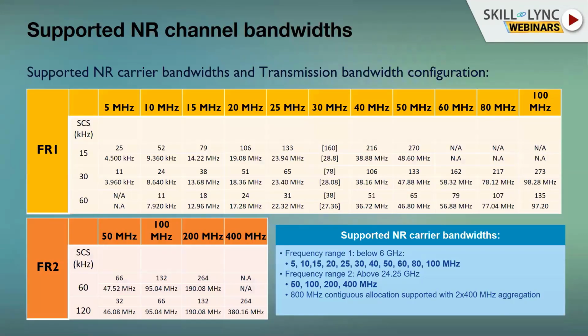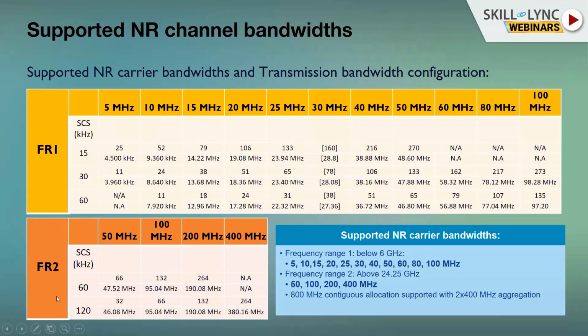We have here the supported NR channels. NR is New Radio, and it is the 5G. The supported NR carrier bandwidth and transmission bandwidth configuration are mentioned here in this table. We have FR1 and FR2, according to the 2 ranges.